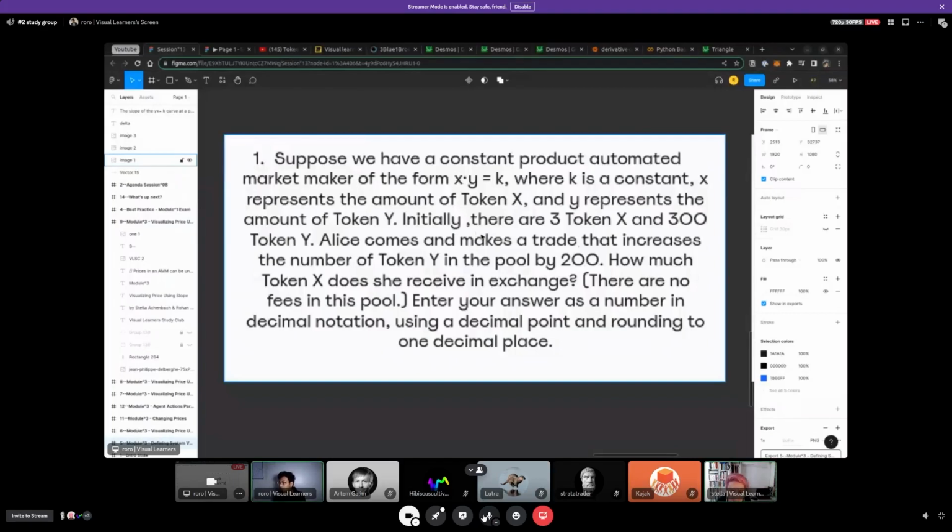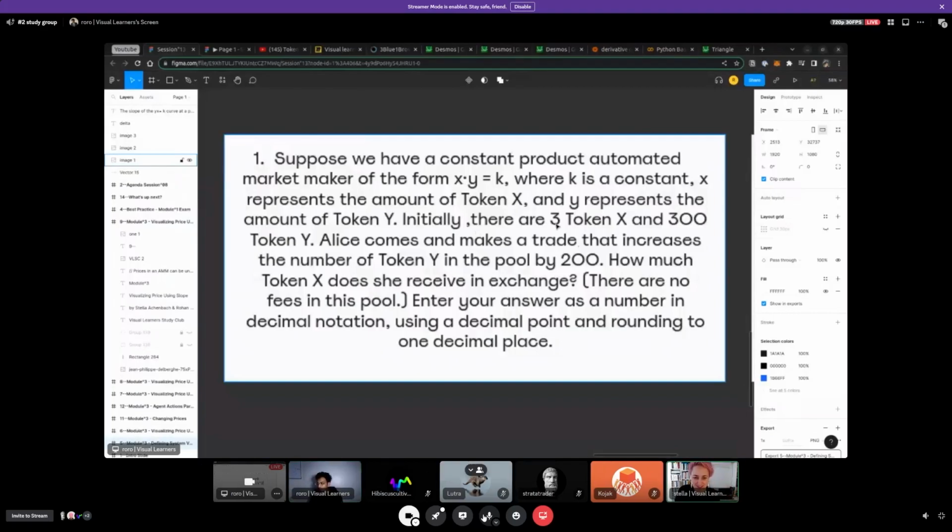So x times y equals k, k is the constant product, right? So whatever k says is the same as what x times y says.